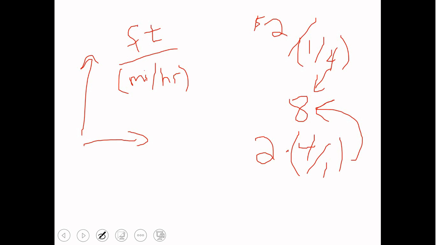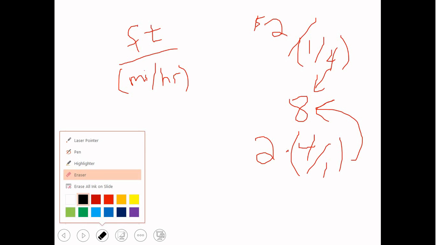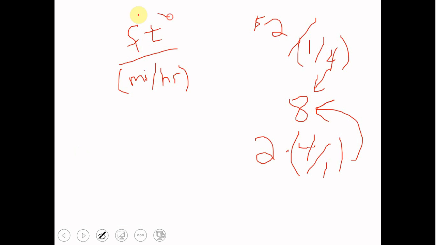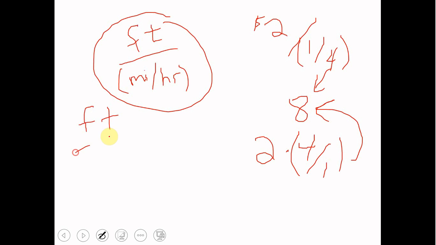All right. Now we're going to do that same thing here for this one right here. All right, so we got feet divided by, or times, hours over miles.